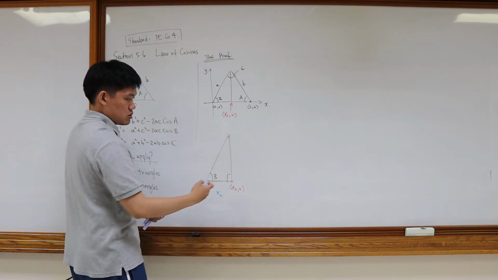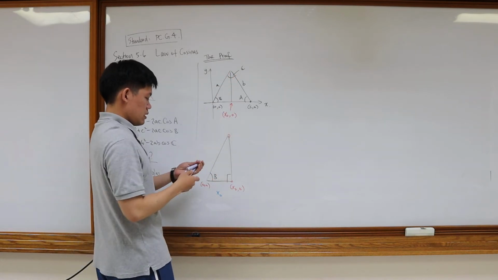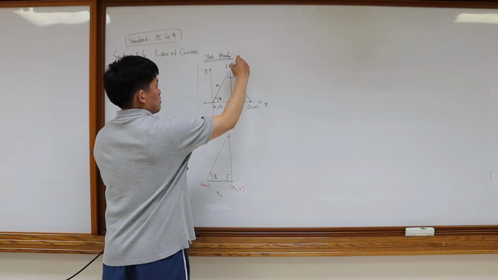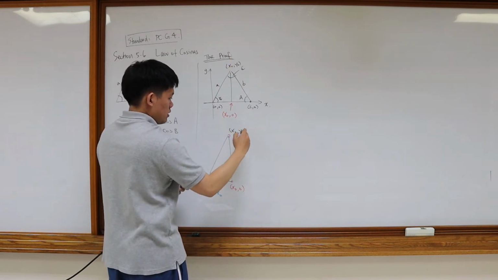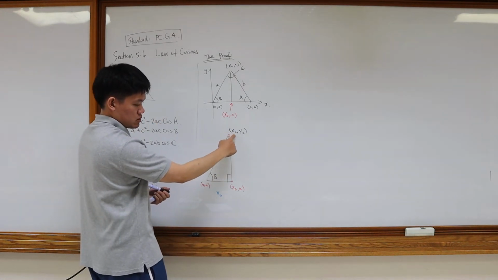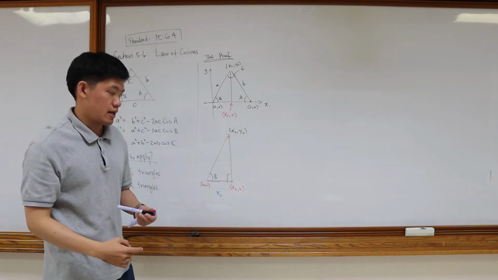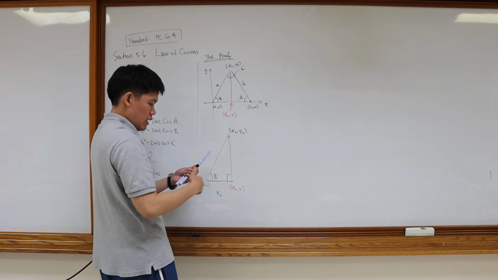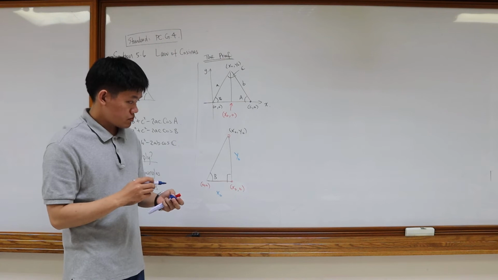Now, my height over here, I should label as x0 comma y0, and I'll tell you why in a bit. The distance here is my x, so my x is the same as the x over here, but what we need to figure out is my height. Since this is y0 minus 0, my height in this situation is equal to y0.